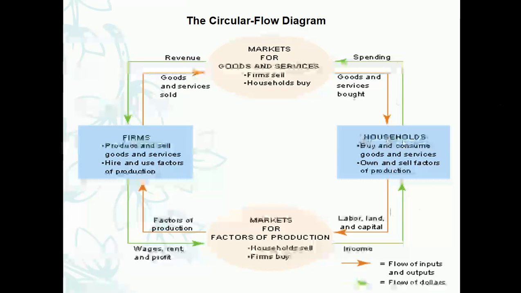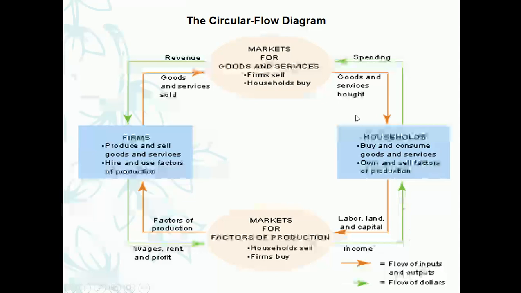You can also see from the diagram these arrows. Here households spend their money for purchasing goods and services from the markets, and the money they spend will be collected by firms in terms of revenues. Again, firms give wages, rents and profits to markets of production, and this is considered as income for the households.